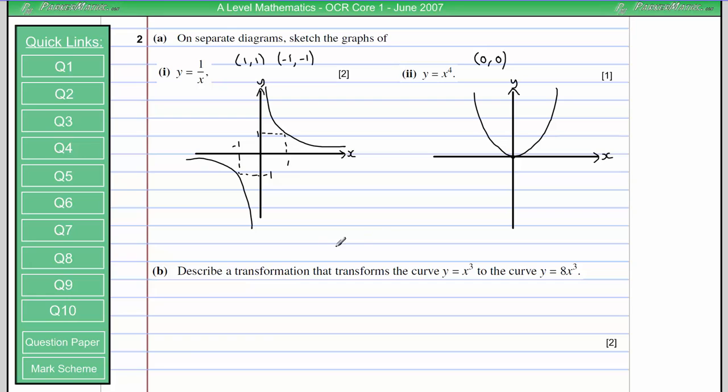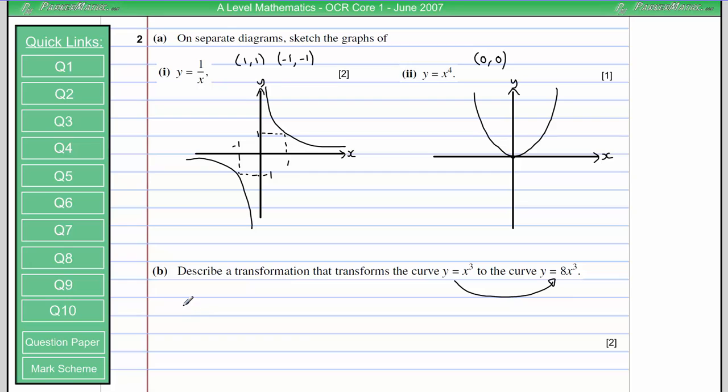In part B, it says describe a transformation that transforms the curve y equals x cubed to the curve y equals 8x cubed. Okay, let's have a think about what's happening then to get us from this curve to the y equals 8x cubed curve. Each x value that we put in here is going to be 8 times larger in the new curve because we're going to cube it and then multiply it by 8.